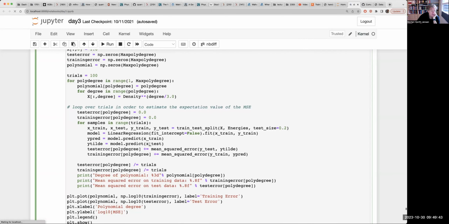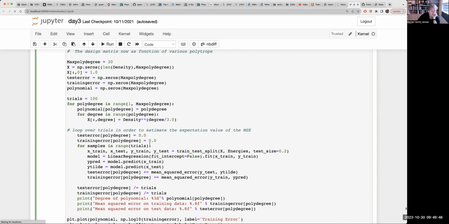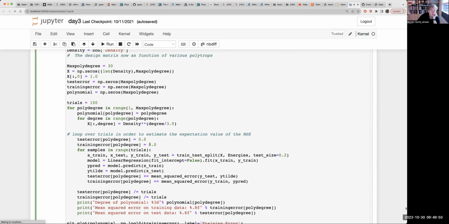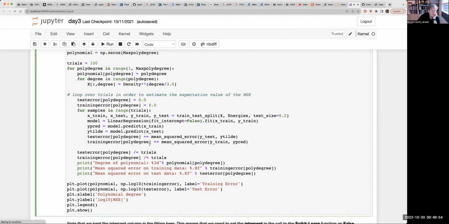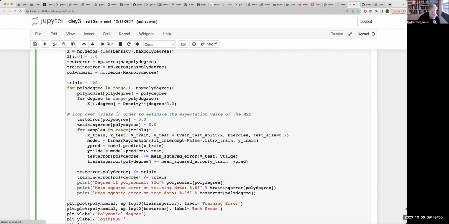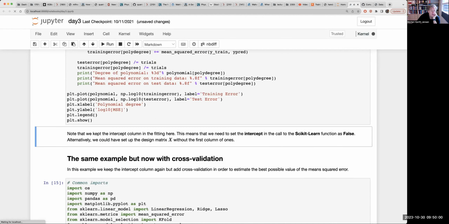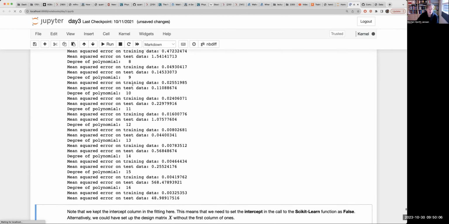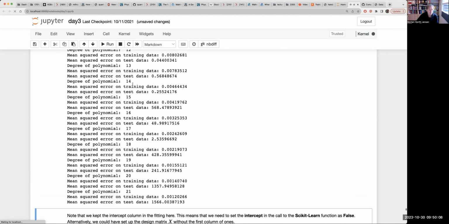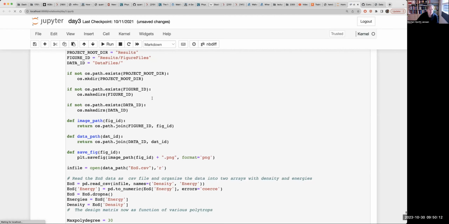And no, sorry, this is actually a case where I'm just using standard ordinary least squares. So if I'm running this through the different polynomial degrees, what you will see then is that as you increase the complexity of the model, the mean squared error is getting better and better.